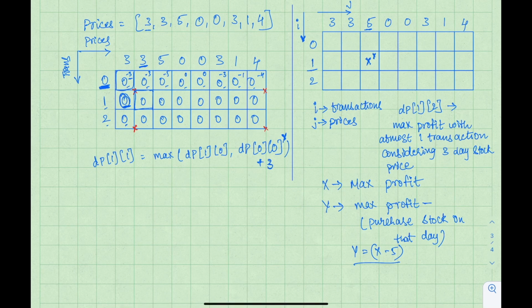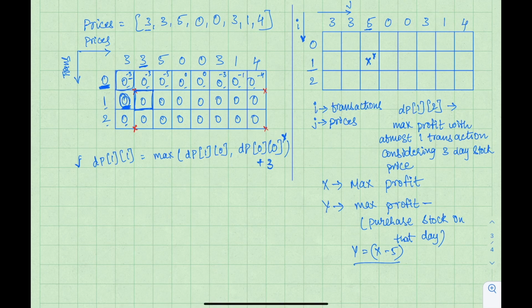So let me explain what this statement means. If we are not making this transaction, which means that we are not selling the stock on this day, the maximum profit that we can have, without considering selling the stock on this day, is the previous day's maximum profit.